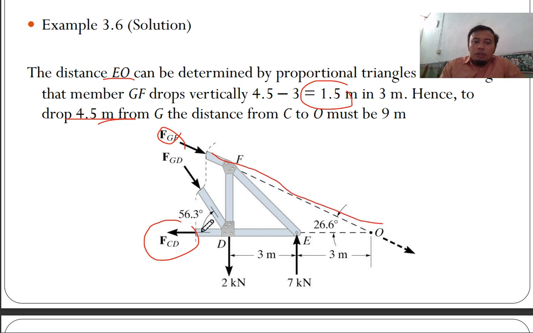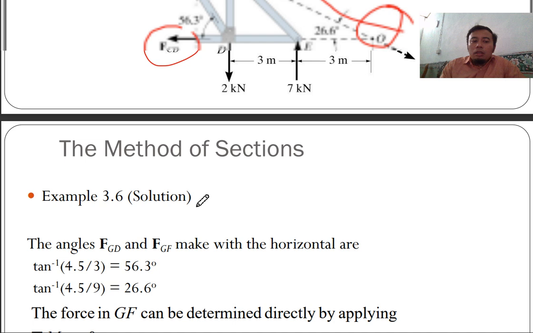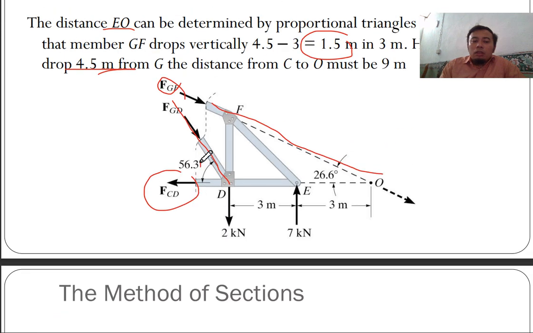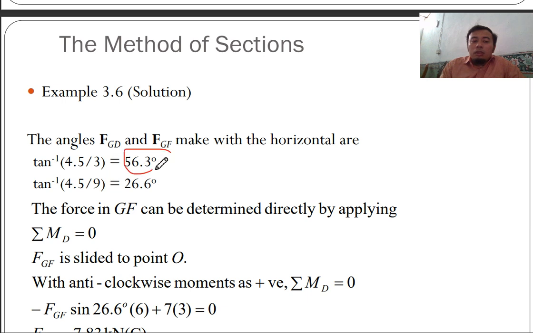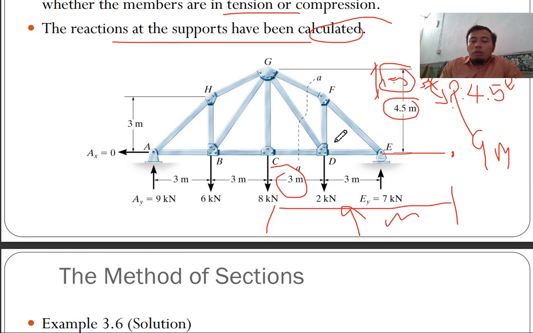So the angle is determined from this. Based on your figure here, this is a triangle. So you want to know the angle here and then the angle here. So how do you find that?